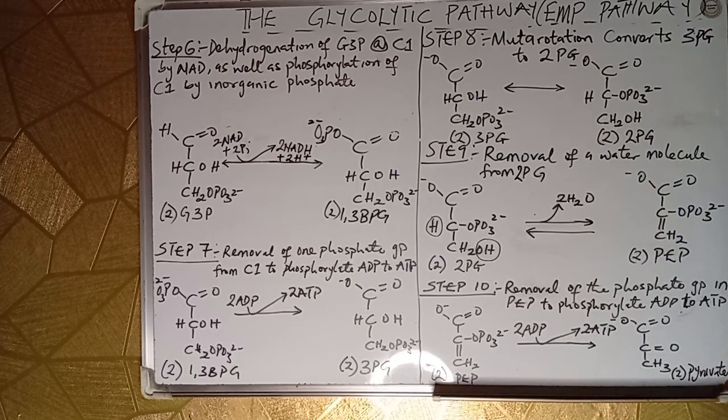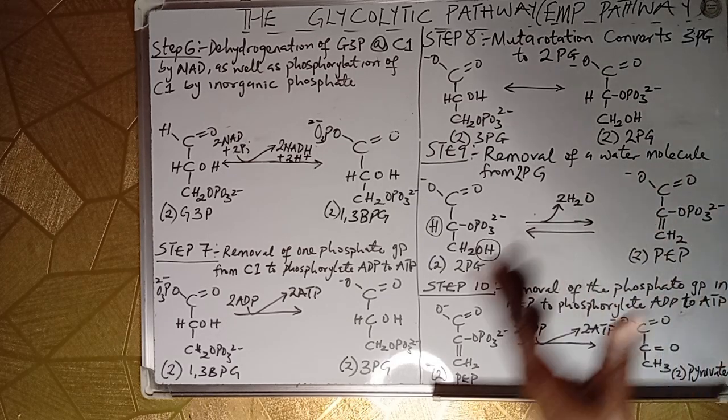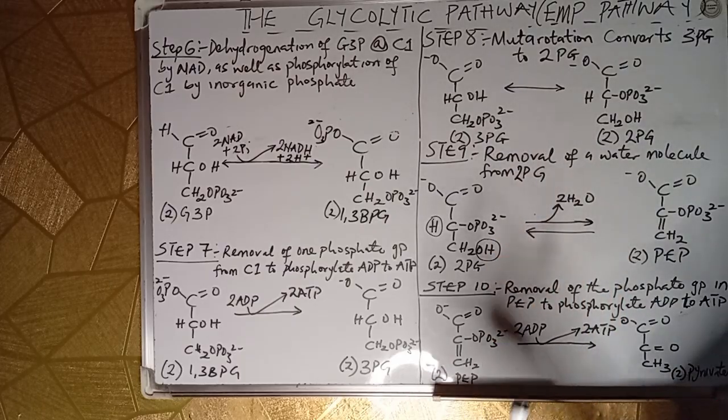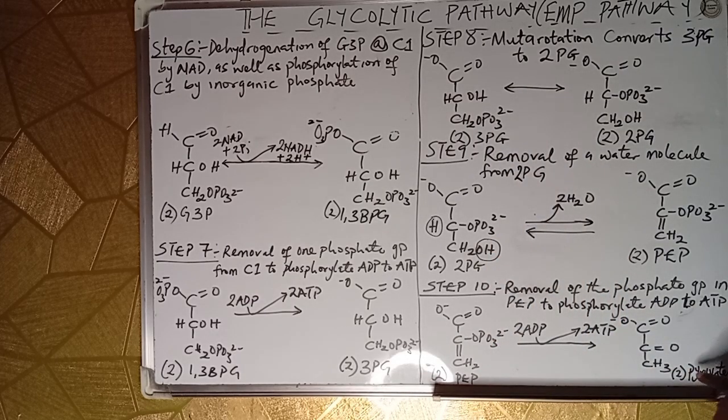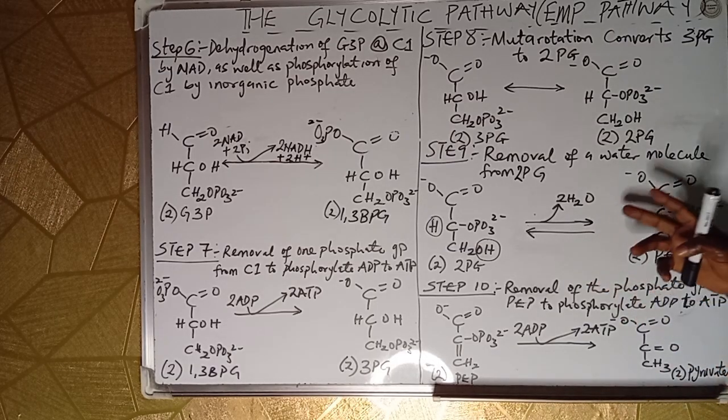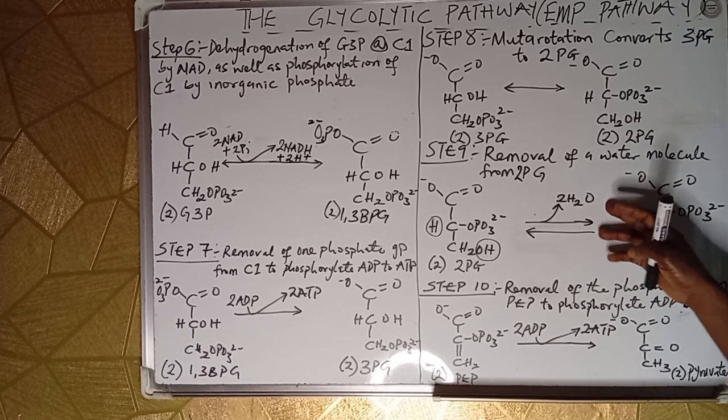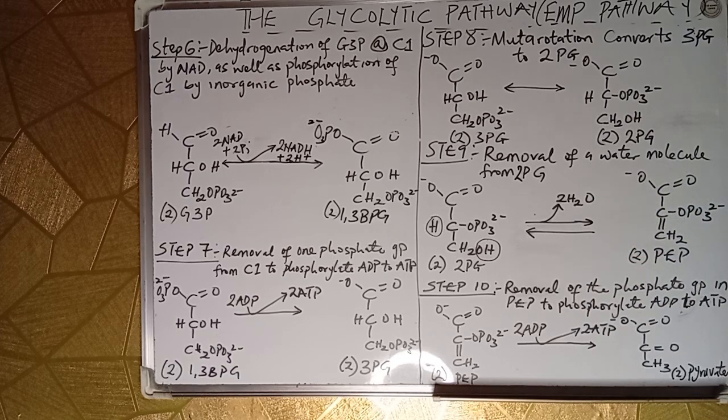And then we have our final product, pyruvate. So 1 molecule of glucose from the beginning of glycolysis gives us 2 molecules of pyruvate. Remember, the enzyme here for this is phosphoglycerate kinase, and the enzyme for this is pyruvate kinase.